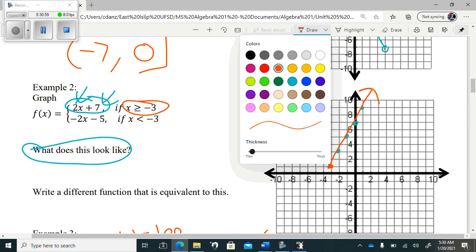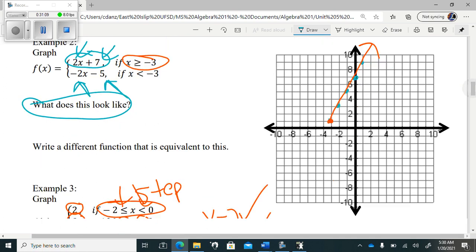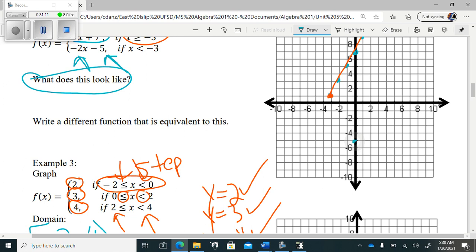I'm going to go back to my blue, and I start at -5, and I'm going to go down to right 1. Remember, the opposite of down to right 1 is up to left 1.